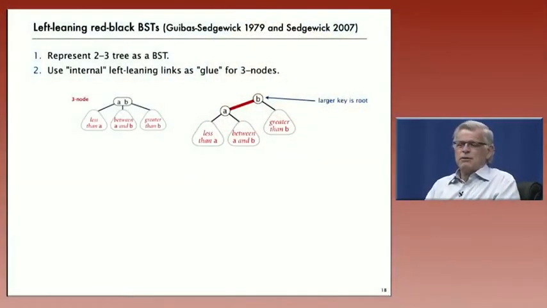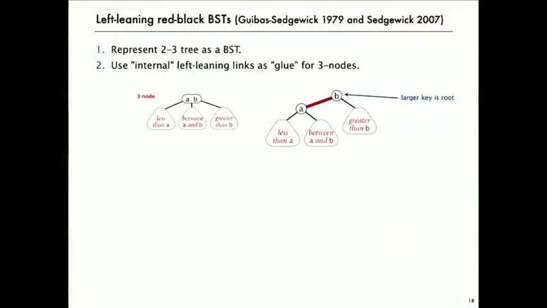So the idea is that we are going to represent every 2-3 tree as a binary search tree. In order to get that done, we just need a simple representation for 3 nodes. So we're going to use internal left-leaning links to glue the 3 nodes together.